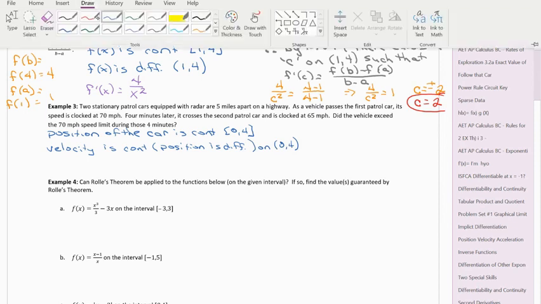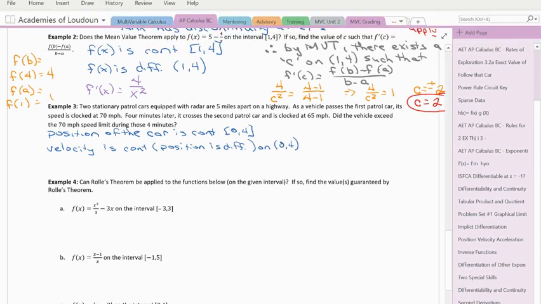We know that by the mean value theorem that x prime of c will equal x of b minus x of a over b minus a.